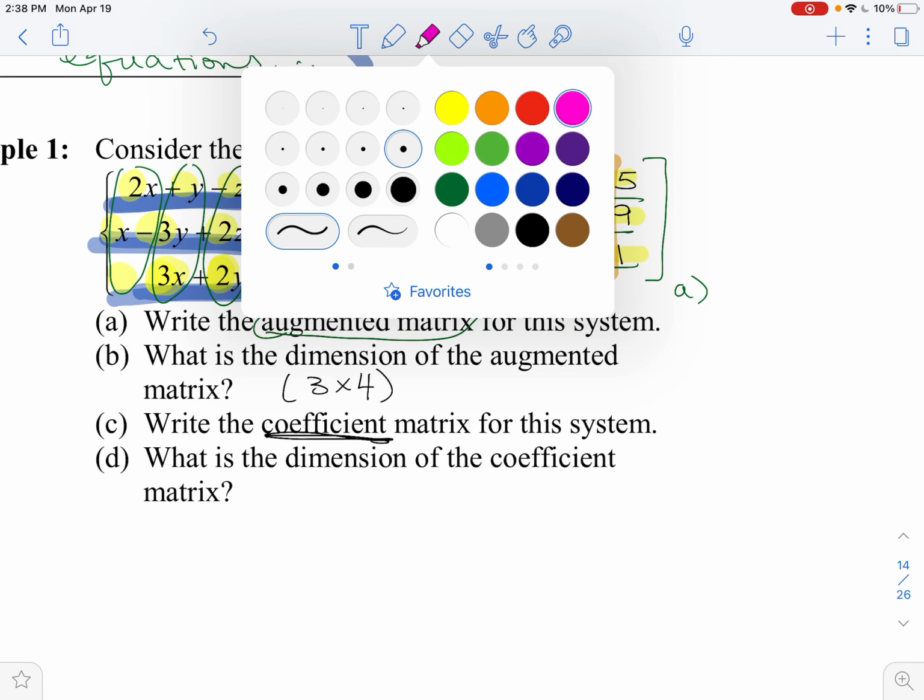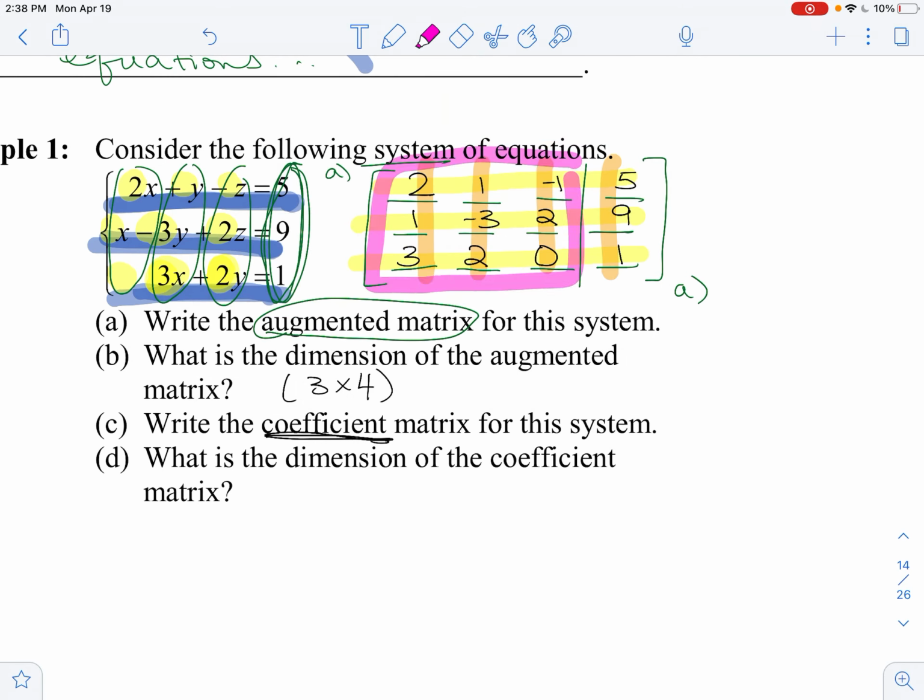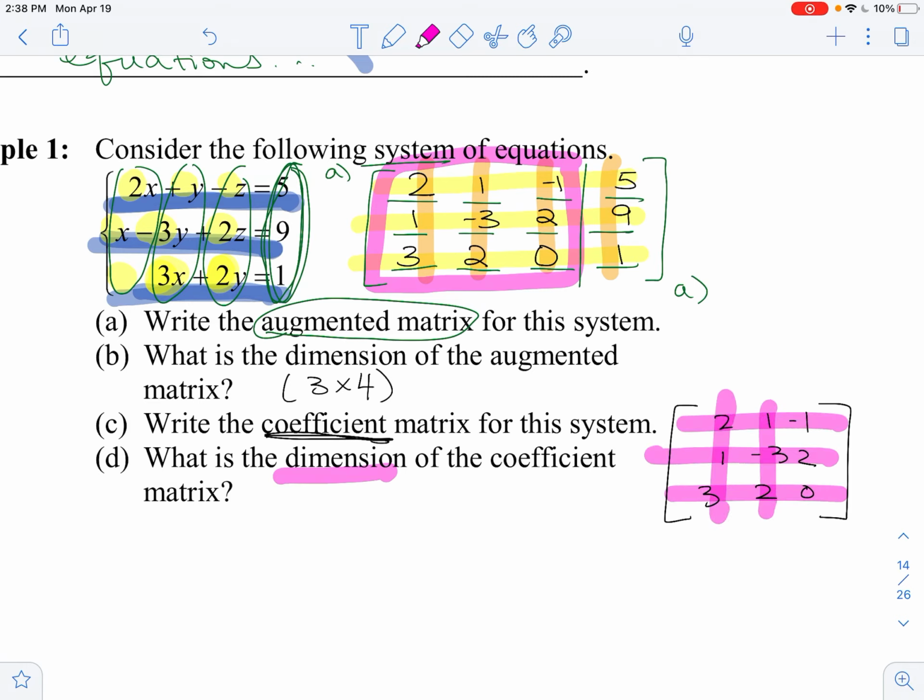The coefficient matrix is just this part right here: 2, 1, -1, 1, -3, 2, 3, 2, 0. And what are the dimensions of the coefficient matrix? There are 1, 2, 3 rows and 1, 2, 3 columns, so we'd call that 3 by 3.